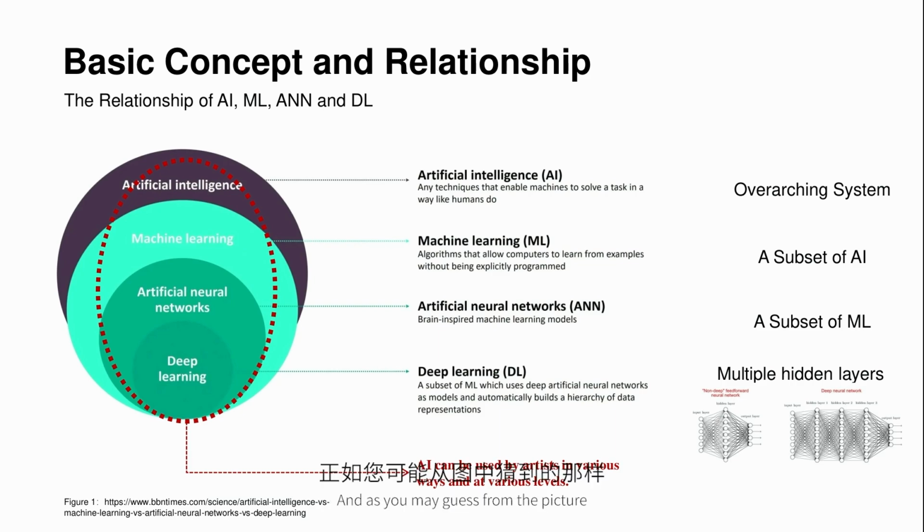And as you may guess from the picture, these artificial neurons individually are connected to other ones. And they tend to be connected within a layer, here shown as a column. And then they're also connected to other layers or other neurons sitting in other columns. And the more layers you have, the deeper, we say, the system goes, and hence the name deep learning.